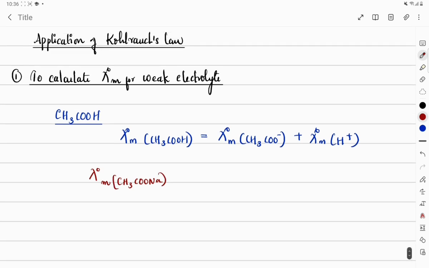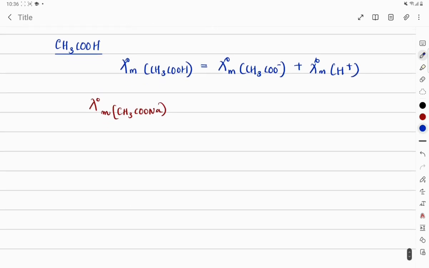As you can see, CH3COONa is a salt formed from acetic acid and sodium hydroxide, CH3COOH and NaOH. We have already explained that any salt formed from a strong acid and a strong base is going to be a strong electrolyte.